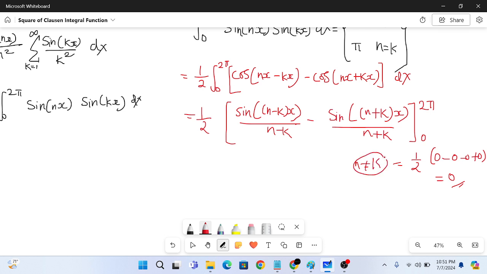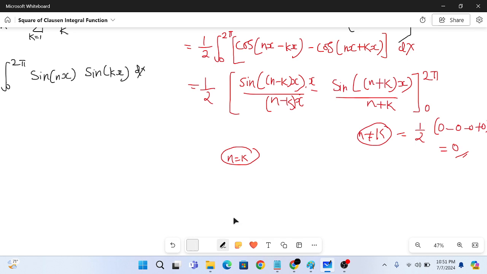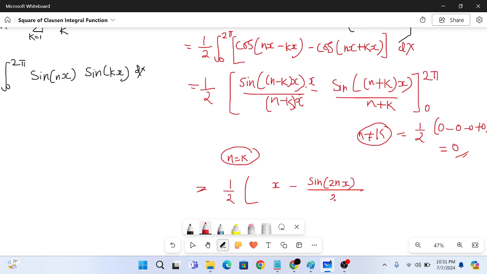But in the case where n and k are the same, n minus k will be 0, and then sine 0 by 0 form, we can just write x over here and again x over here, this will just go to 1, and we will just have x over here if we take the limit. So when n equals k, we have the following expression: 1 by 2 times x minus sine 2nx by 2n, and this all goes from 0 to 2 pi.